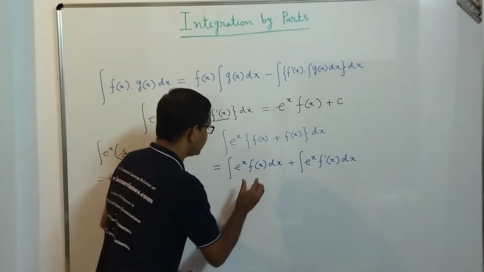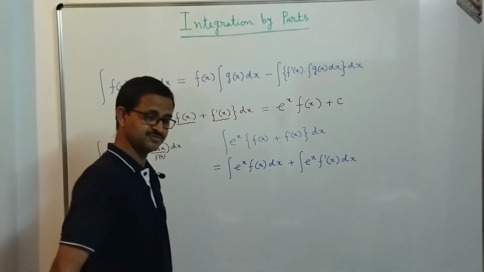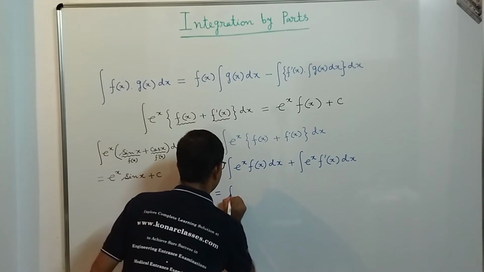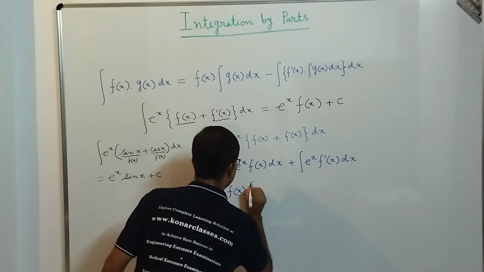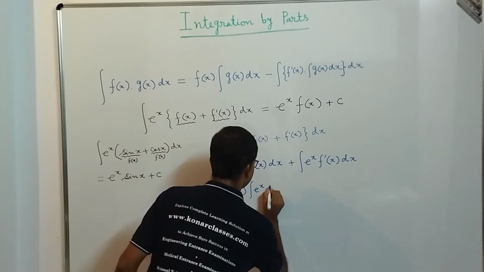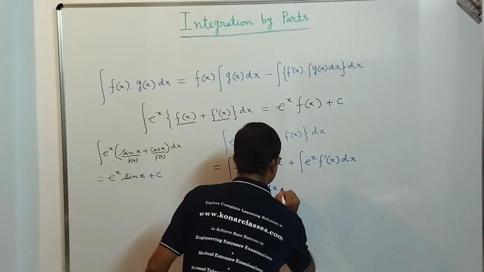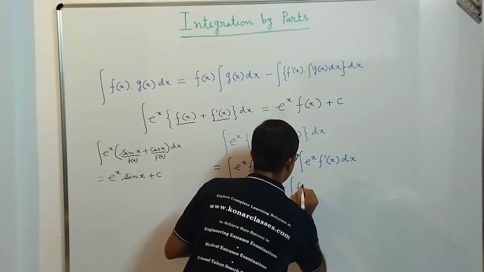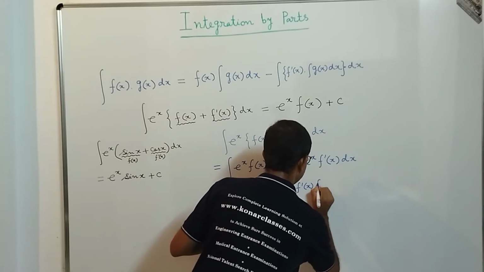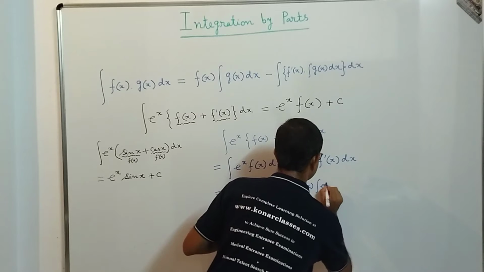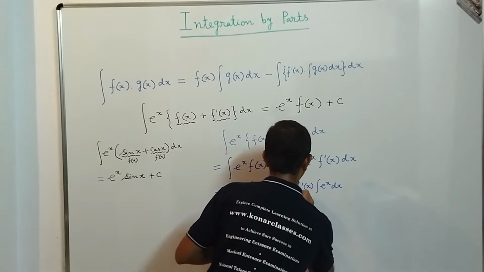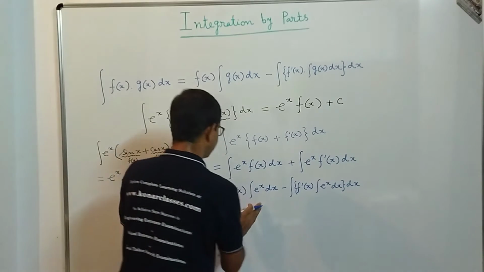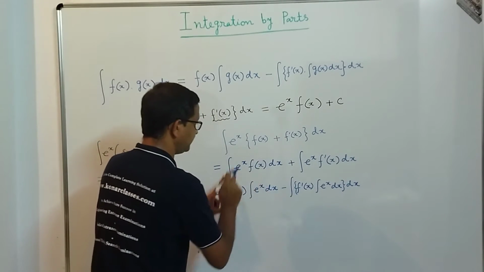So what can we consider? We can consider f(x) as the first function. So if we consider f(x) as the first function, we get f(x) into integration of e power x dx minus integration of d/dx of f(x), that is f dash x, into integration of e power x dx, and this completes the integration of e power x f(x) dx.